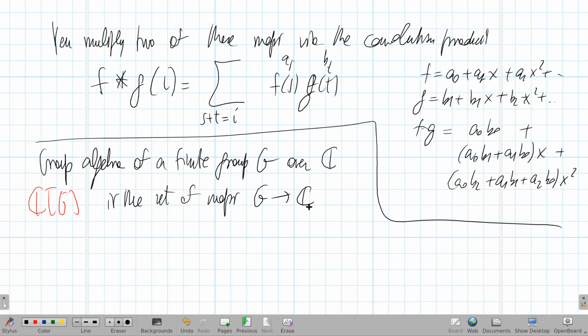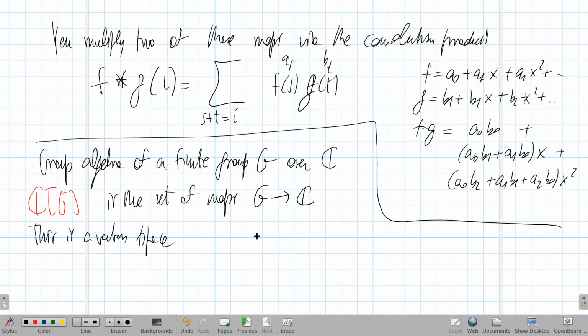This is not only an abelian group, but it's a vector space, if you do things over the complex numbers. As usual, if you have a set of maps into a vector space, it becomes a vector space.